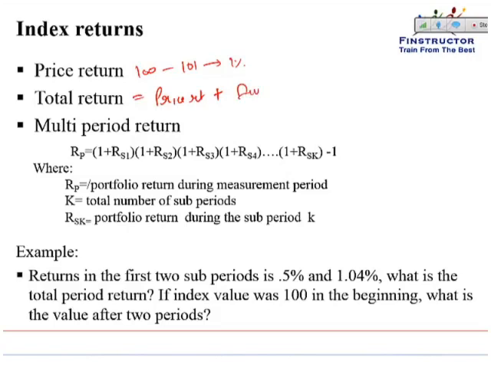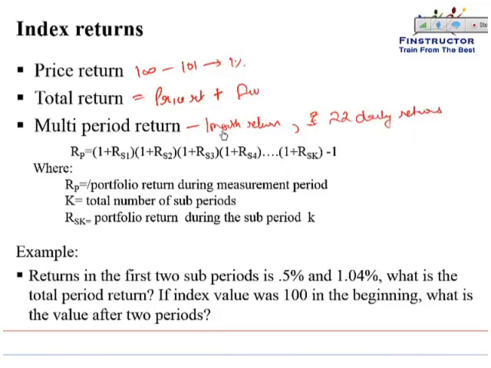Please note that generally for an index, if we are to compute a multi-period return, so let's say we were asked to compute the 1 month return, and we were given 30 daily returns, or let's say there are 22 trading days in a month, so about 22 daily returns were given.